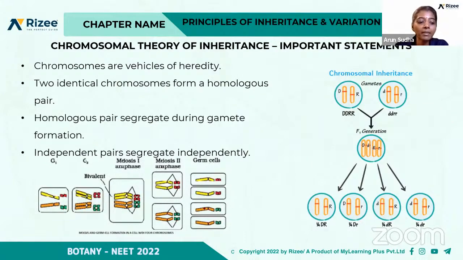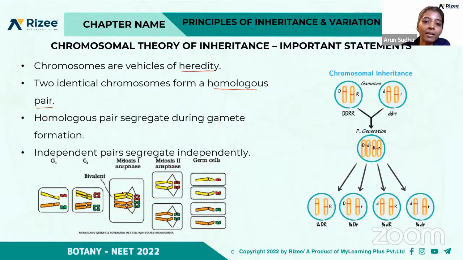So what he said is that the chromosomes are the vehicles of heredity. They are responsible for the transfer of information from parent to progeny. And two identical chromosomes form a homologous pair, and this homologous pair segregates during gamete formation. So these are the main steps.